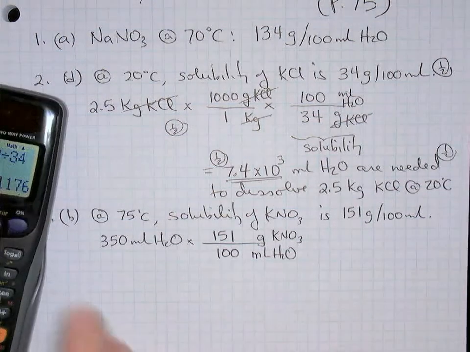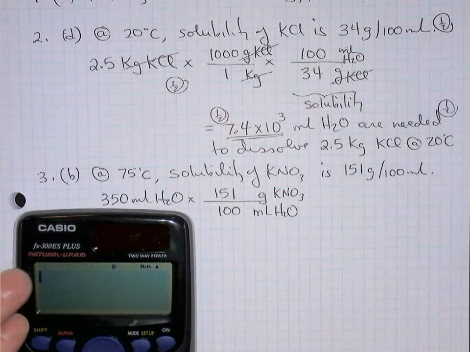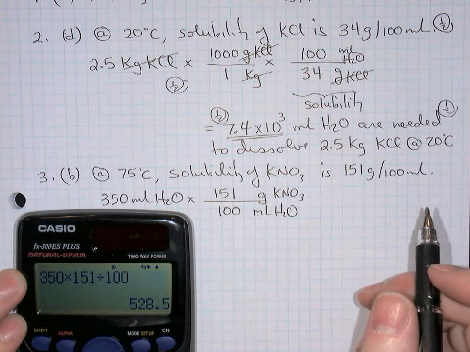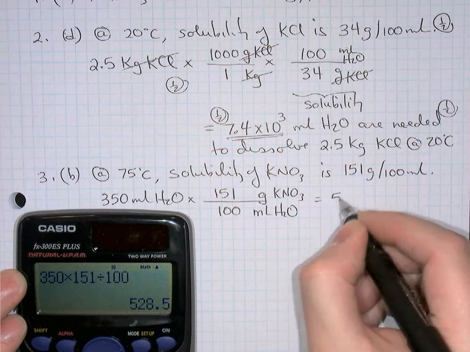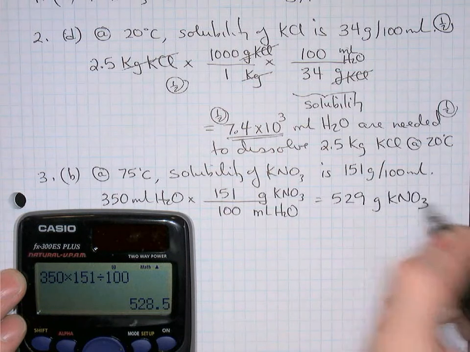So now grabbing the calculator, I'm going to take 350 and multiply by 151 and divide by 100 equals, and we'll keep 3 significant digits in the answer, so 529 grams of potassium nitrate.